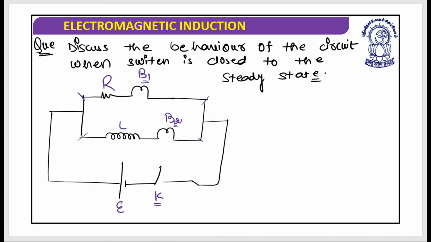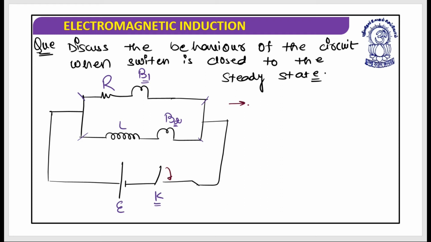I need to discuss this behavior because certain logical questions can be asked, and the previous track record of competitive examinations says that it has been asked. So let's discuss how this circuit will behave.